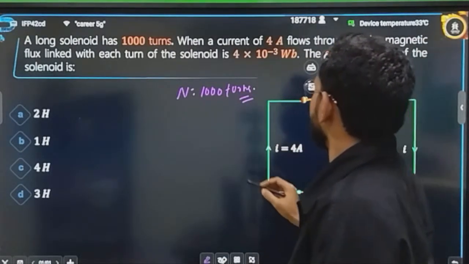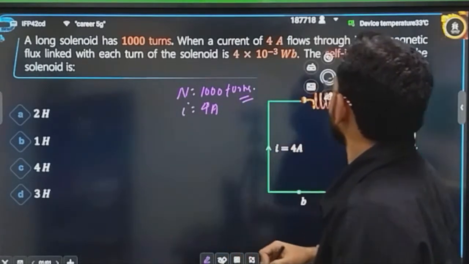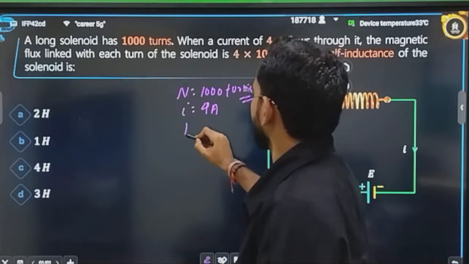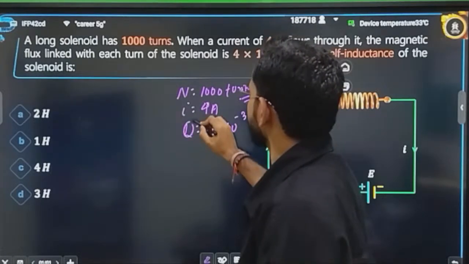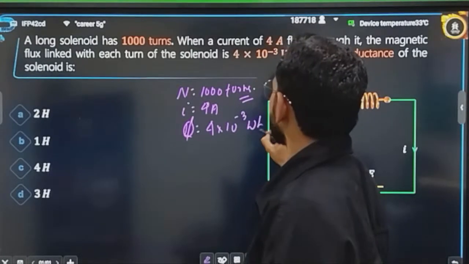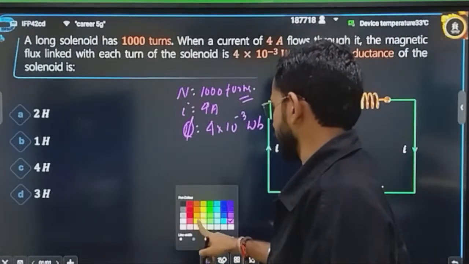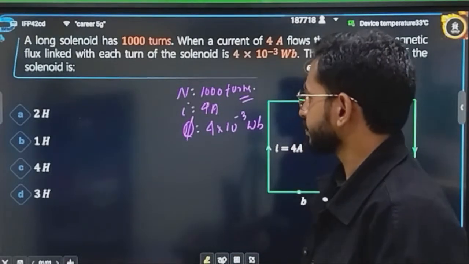Then when the current flowing through the solenoid is 4 ampere, the magnetic flux linked with each turn of the solenoid is given as 4 into 10 power minus 3 Weber. What is the self-inductance of the solenoid?